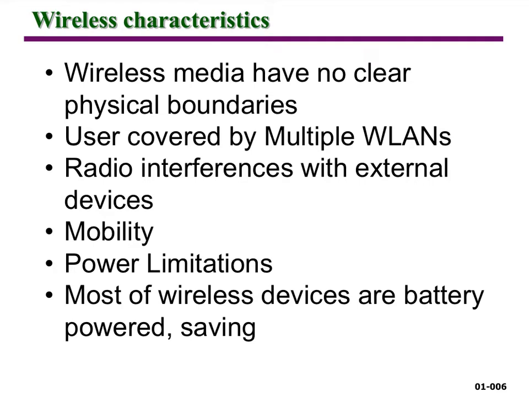So if you happen to talk over the phone and you are moving very fast, this means that you have to hand off, or switch your connection from one access point to another, or from one base station to another, if we're talking about a cellular network. So if you go very fast, you have to do this switching very, very frequently, and there is a limitation on how much time you can spend on this switching, which affects the quality of the communication that you're currently having. Okay.